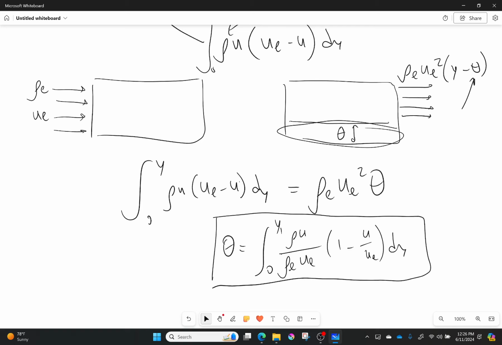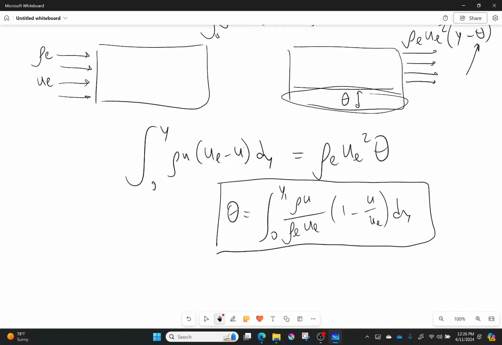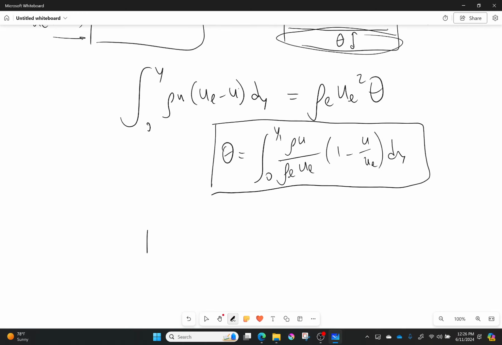And so all that's great, but the key thing here is that it's all about a change in momentum. And hopefully you remember that force is simply equal to the time rate of change of momentum, which is more or less what we have here.